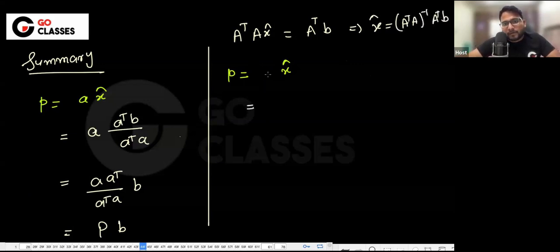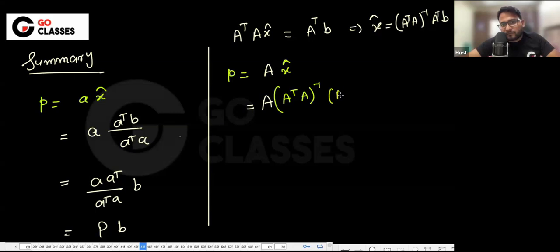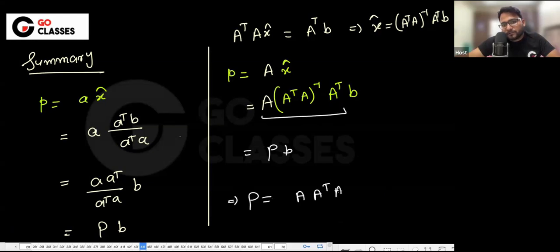Sorry, this is capital A, that is the only difference. What is the x cap? Into A transpose b, which is the same as Pb. From here you can see capital P is the projection matrix. Anyway, have you understood this?